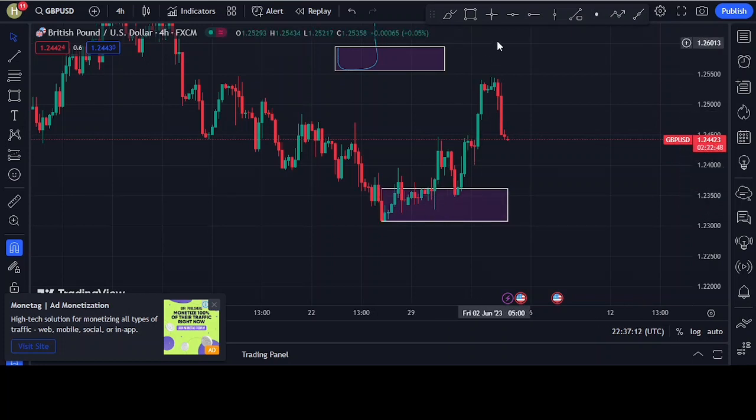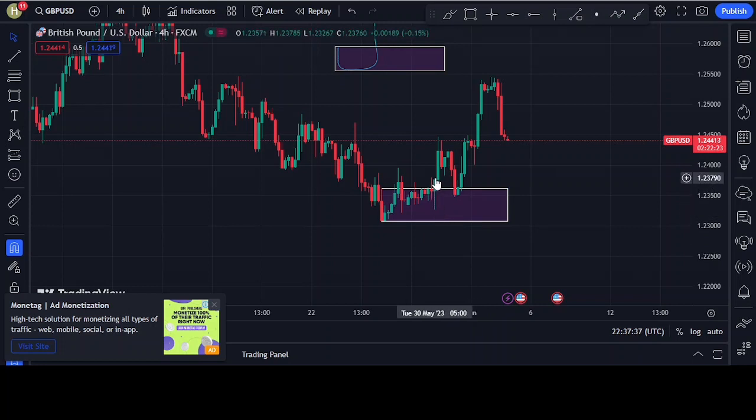Then you can have this. So at this point you can take your entry, about 1.2377 to this point. That's almost 60 pips, about 60 pips. Then what will be your risk at this point?